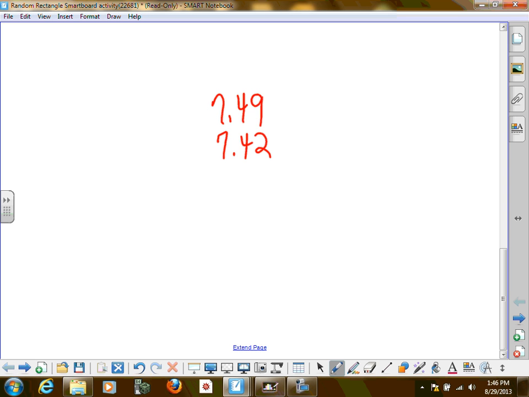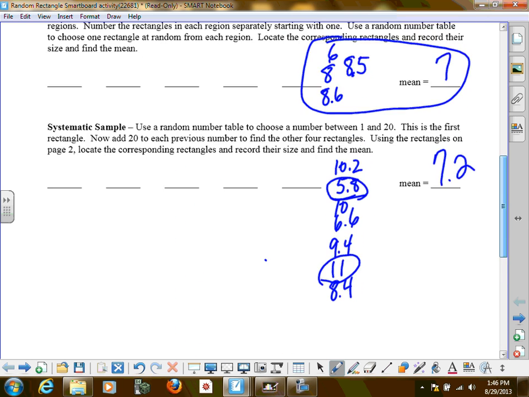What happened when we both attempted to average all 100 and take a census? Somebody messed up, maybe even both of us. So accuracy came into play when we attempted to do all of them, but I think it's somewhere in the 7.4 to 7.5 range.